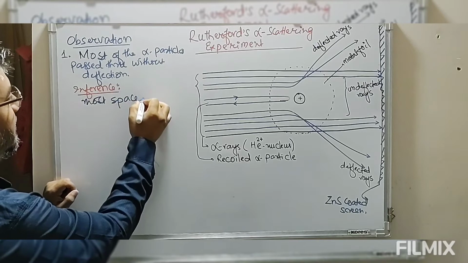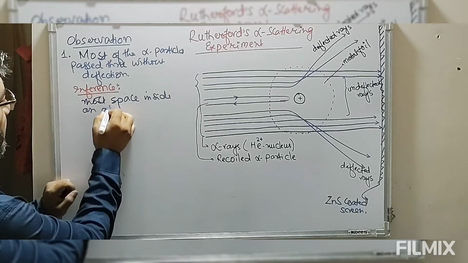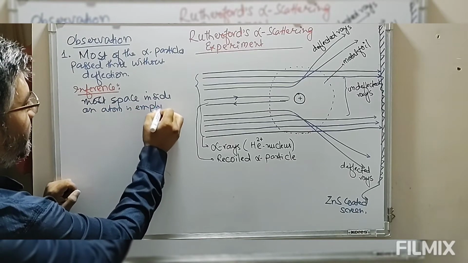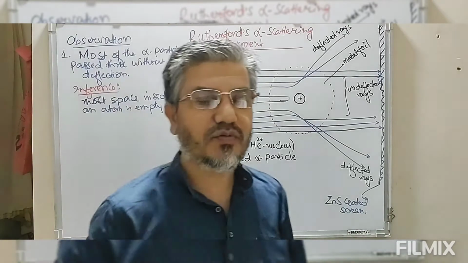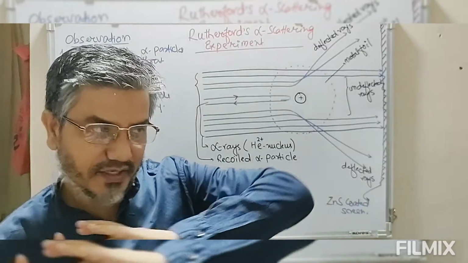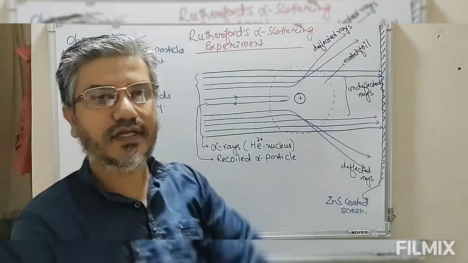Most space inside an atom is empty, that is unoccupied. Majority of the portion inside this atom is unoccupied. Because of this, the alpha particles were passing through the foil without any deflection.